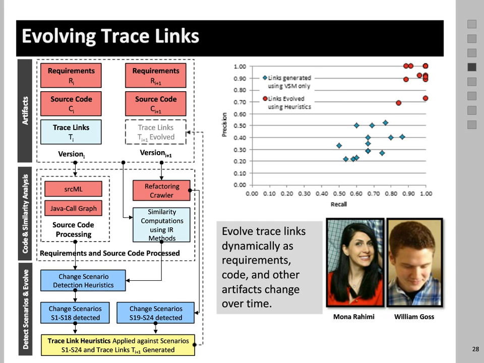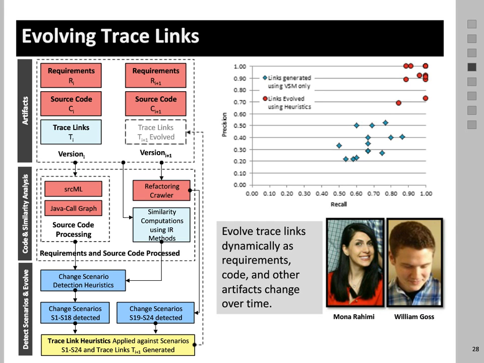And in this particular project, we can do things like use natural language processing techniques to detect changes in requirements and changes in source code, and use structural analysis, for example, refactoring detection tools, to identify changes in the source code, and then we can test for a set of properties to see if they exist and apply, again, link heuristics to evolve trace links.